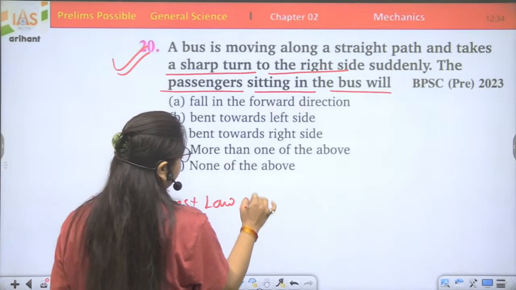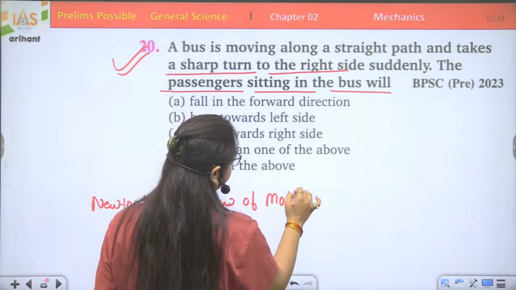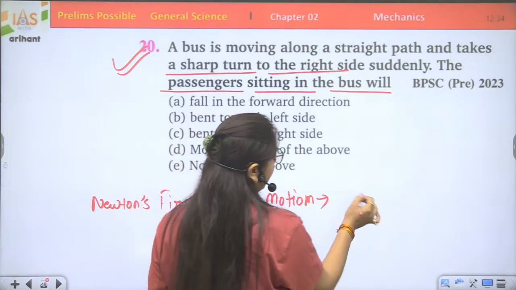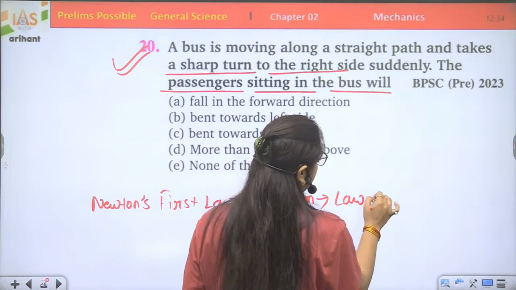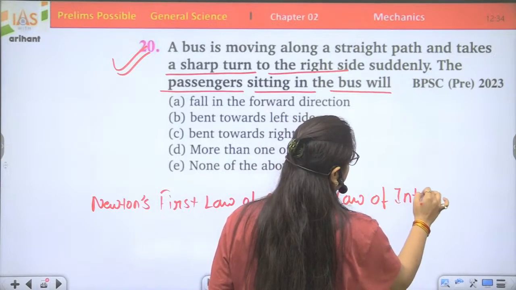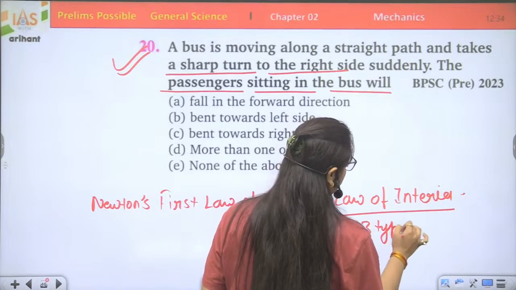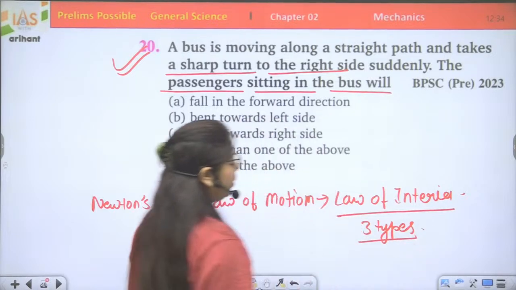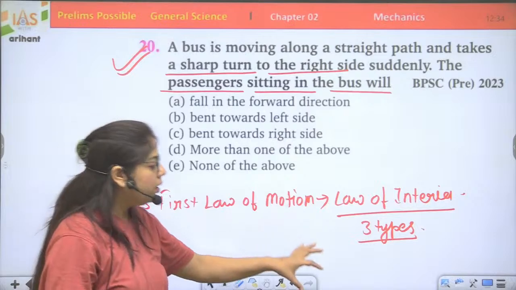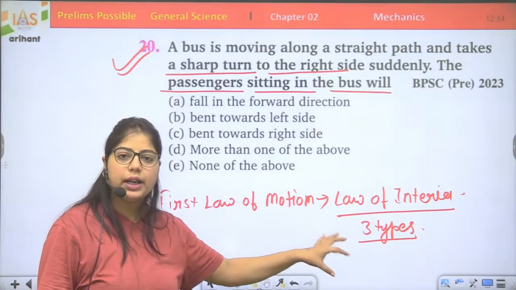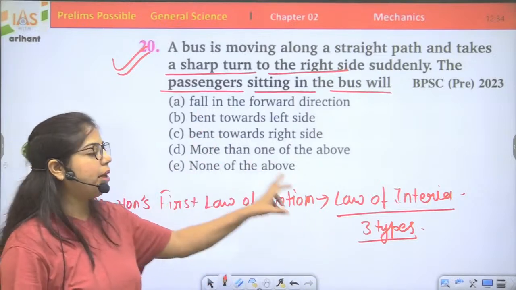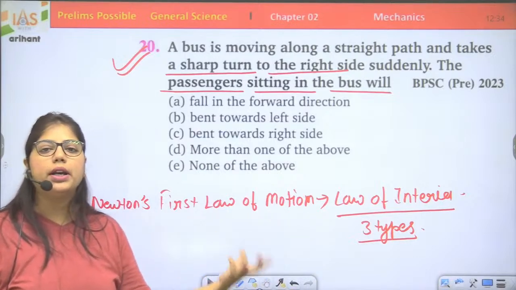First law of motion, also called the law of inertia. And as we know, inertia is of three types. So, from the law of inertia, which has three types, this example belongs to which type of inertia?